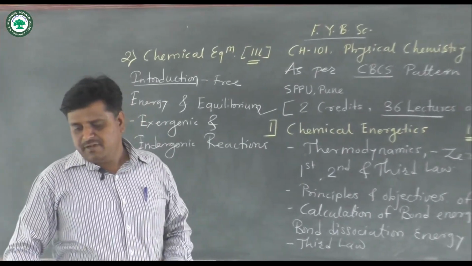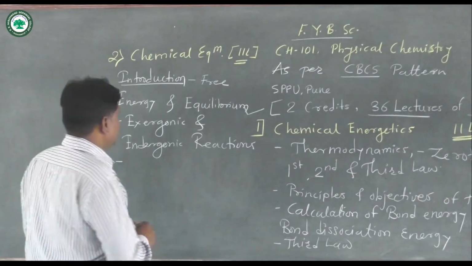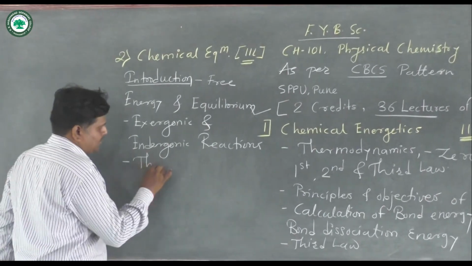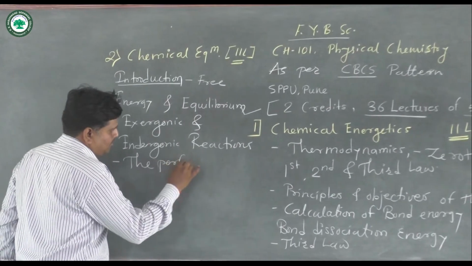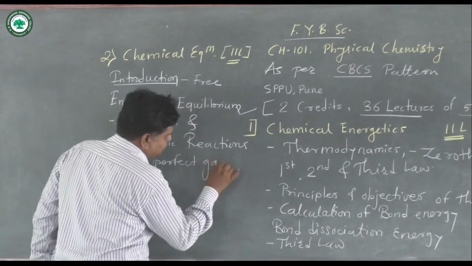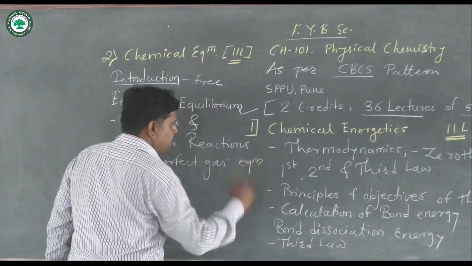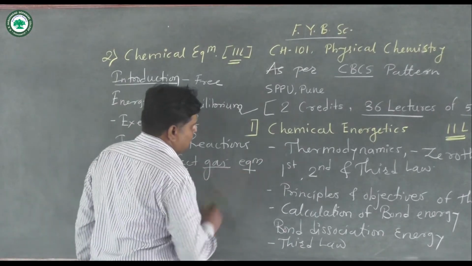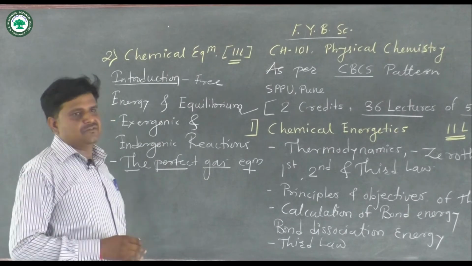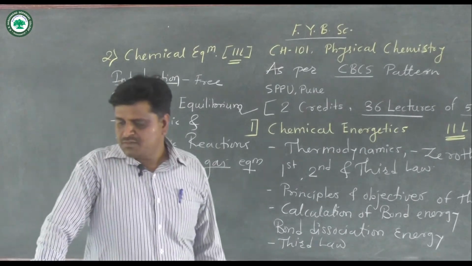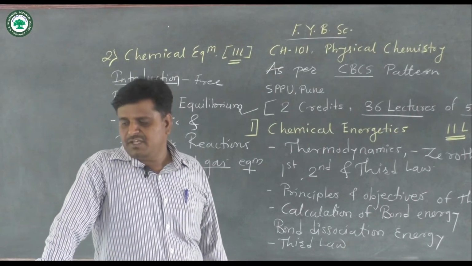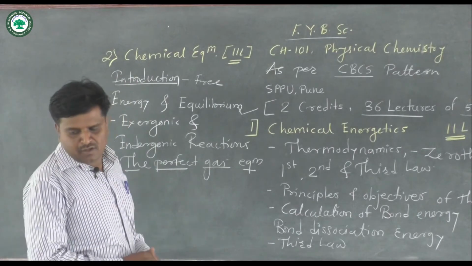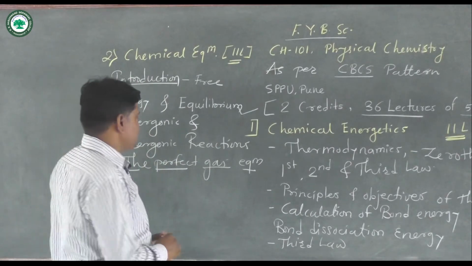Next point is the perfect gas equilibrium. This point is also discussed in the chemical equilibrium chapter. The next point is the relation between equilibrium constant, molar interpretation of equilibrium constant.